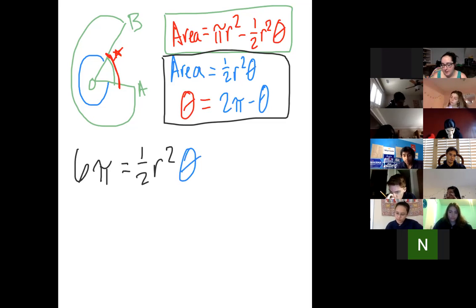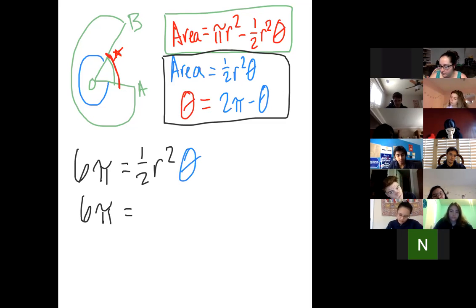So when I end up solving that, I'll plug more in. So I get 6 pi equals 1/2 times 3 squared, which is 9, times our blue angle.